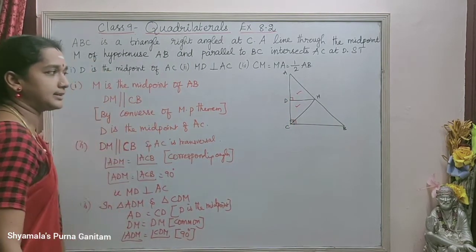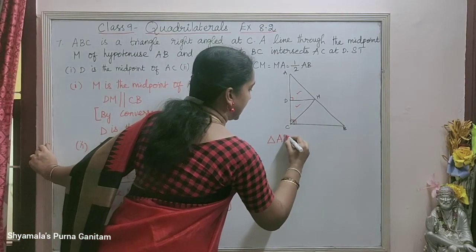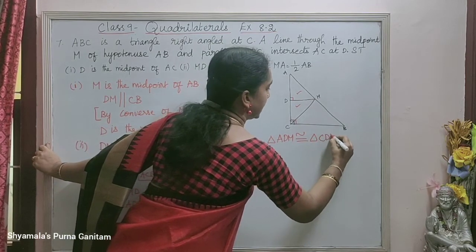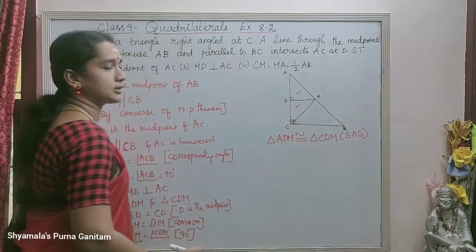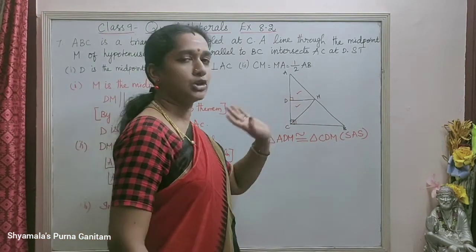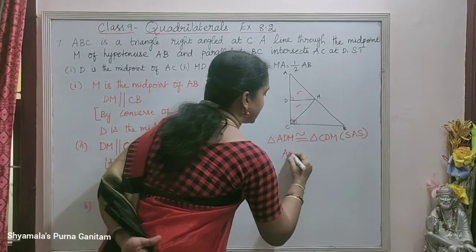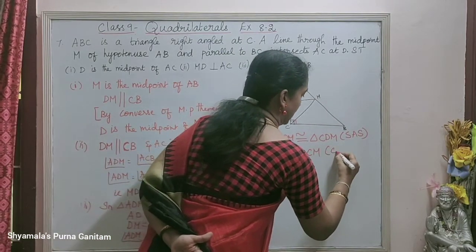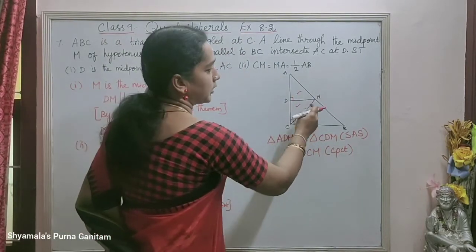So by SAS congruency we can say that triangle ADM is congruent to triangle CDM by SAS congruence. Two sides and one angle, we can say that both the triangles are congruent. Since both the triangles are congruent, by CPCT we can say that AM is equal to CM.